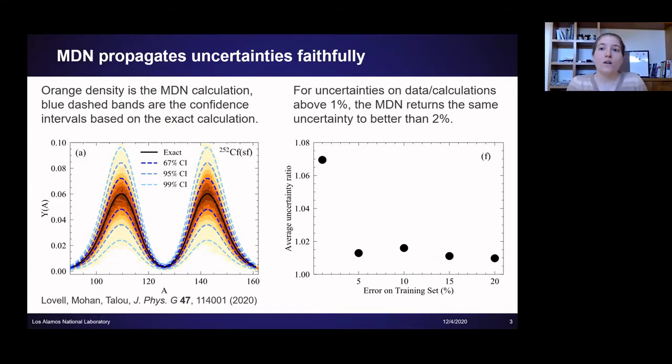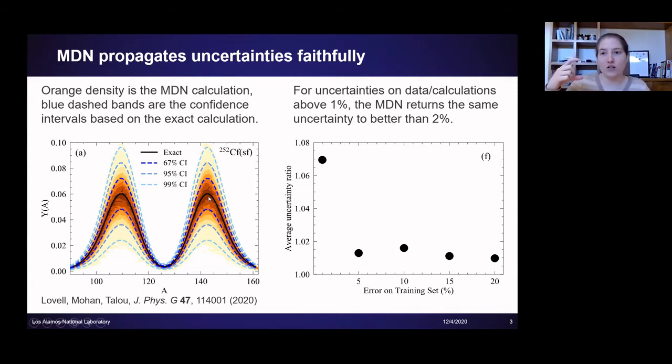And so we've been using particularly these mixture density networks as probabilistic machine learning techniques to propagate uncertainties. The first thing I want to show is just that they do propagate uncertainties faithfully, where we're using, again, fission mass yields, but you could imagine this on any type of observable that you're interested in, where we have some exact function shown in the black.